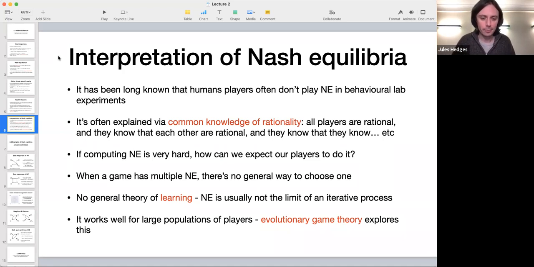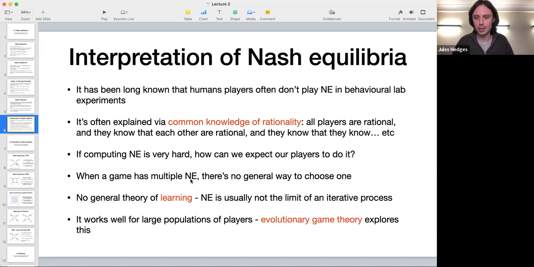A more interesting idea for me is this: if computing Nash equilibrium is so difficult algorithmically, how can we expect our players to play them? If we can't write a computer program that will find Nash equilibrium, how can we expect our human players or our algorithmic players to play it? So it's not a good prediction just because you can't find them. Another problem is that in general, a game can have multiple Nash equilibria.